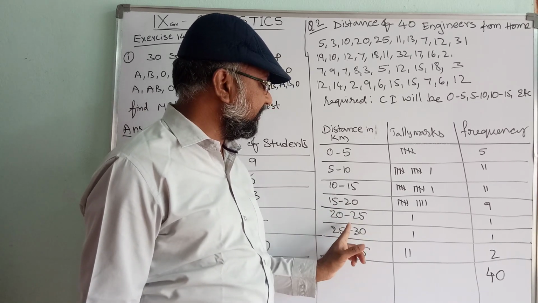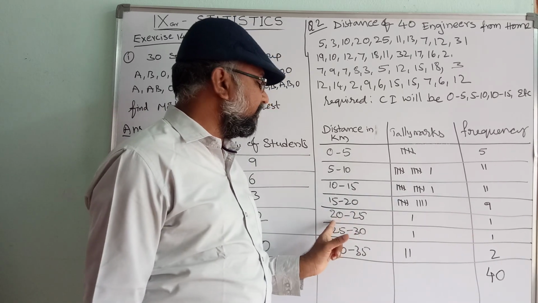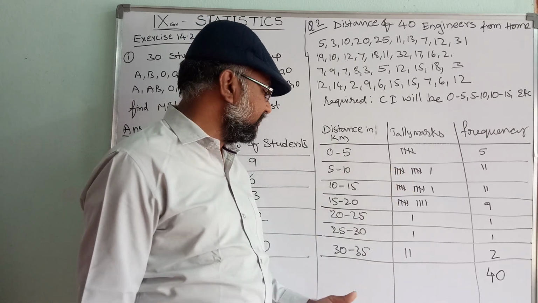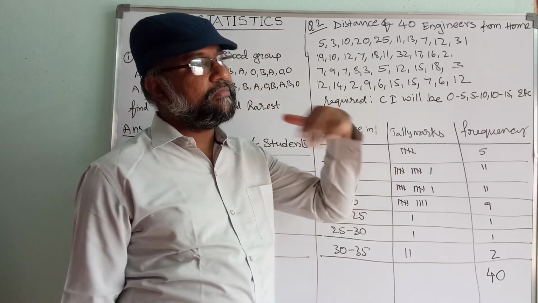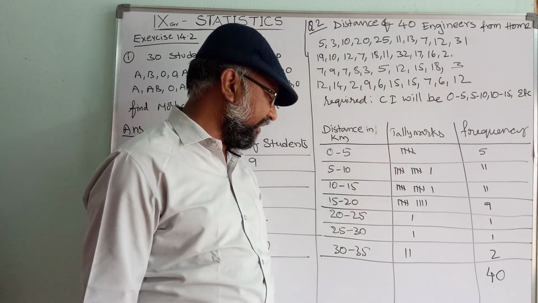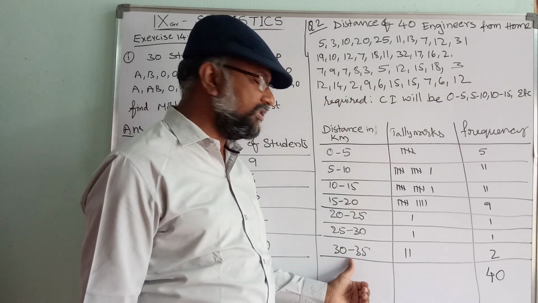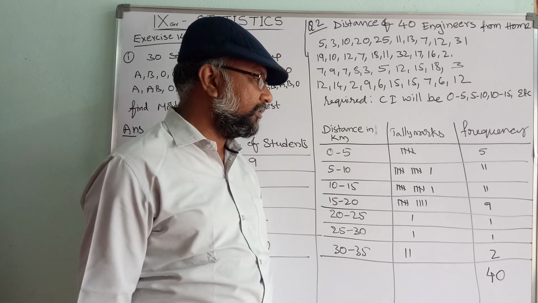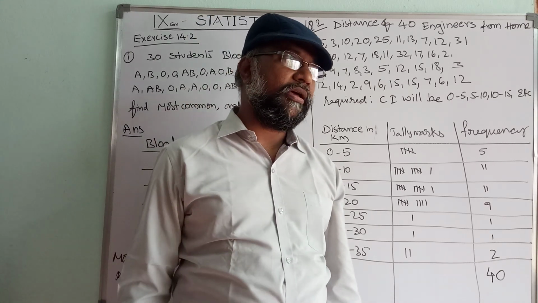So one engineer is about 20 kilometers away, and another engineer is about 25 kilometers. They are coming from a long distance to the factory, and only 2 engineers are coming from very far from their homes to the factory.